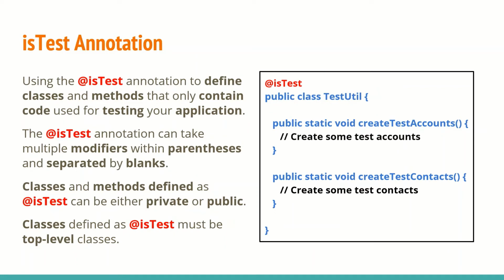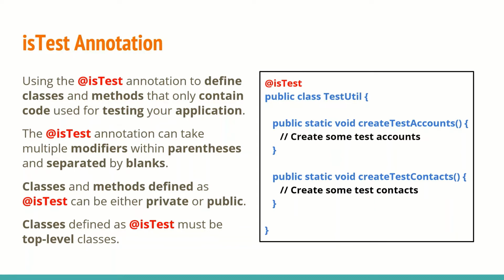Next is the test annotation. Using the @isTest annotation to define classes and methods that only contain code used for testing your application. If you are familiar with test classes, you will already know why we use @isTest. The @isTest annotation can take multiple modifiers within parentheses and separated by blanks.